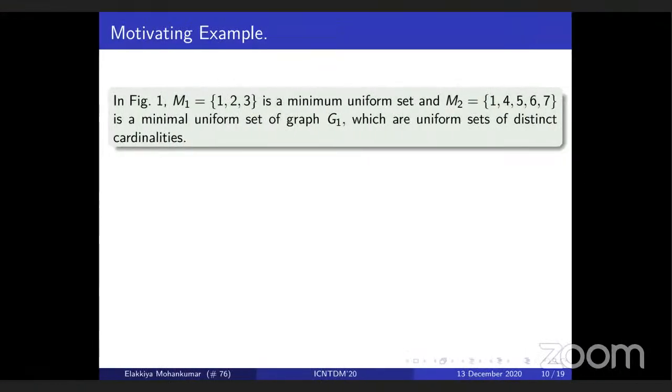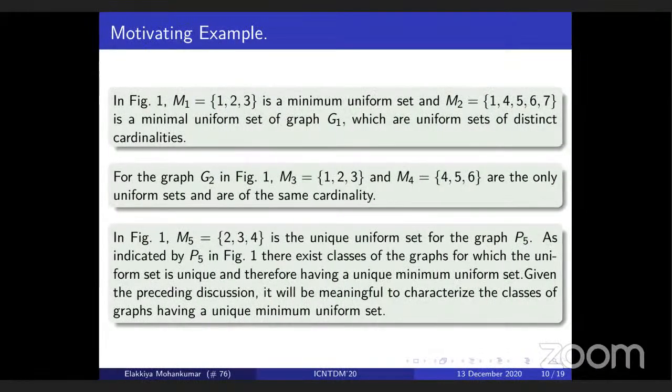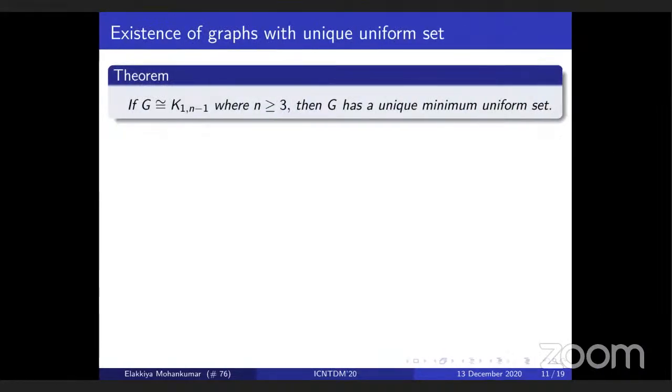So in figure 1, there exists a class of graphs for which the uniform set is unique and therefore having a unique minimum uniform set. Given the preceding discussion, it will be meaningful to characterize the class of graphs having unique uniform sets. So this is the existence of graphs with unique uniform sets.